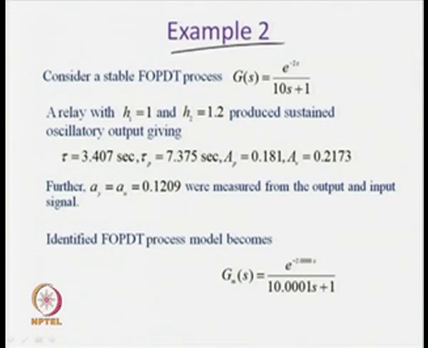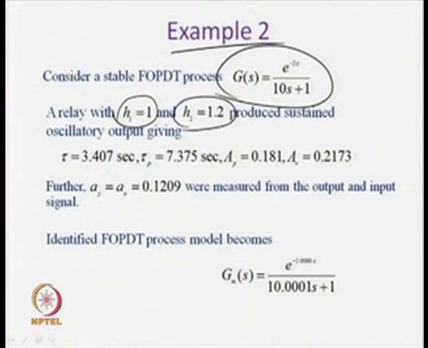Consider a stable process of the form G s is equal to e to the power minus 2 s upon 10 s plus 1, an asymmetrical relay with parameter h 1 equal to 1 and h 2 equal to 1.2 produced sustained oscillatory output giving tau this much, tau p this much, A p this much and A v this much.